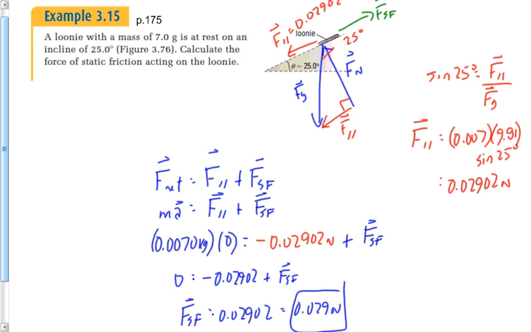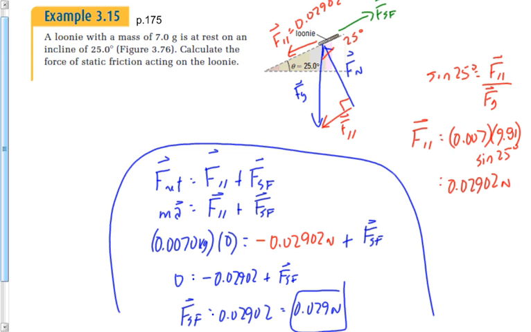I'm not physically pushing it like I was Leah's desk on those days that we were talking about static friction. It's gravity and the normal force pushing it, right? But if gravity and the normal force push it with 0.029 and it's not moving, then the force of friction has to be 0.029, right? So you don't have to go through this process that we did in blue down here if you catch that. If you don't catch that, go through it. It'll still work out for you. It just means a little bit of extra work, that's all.